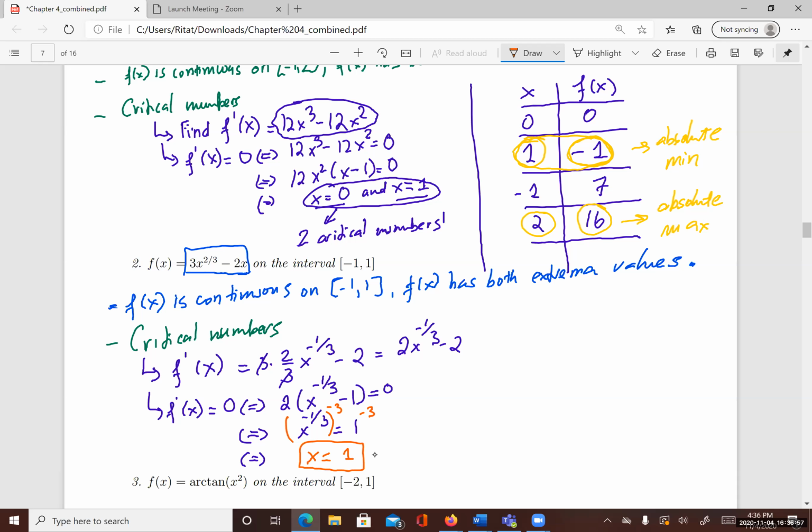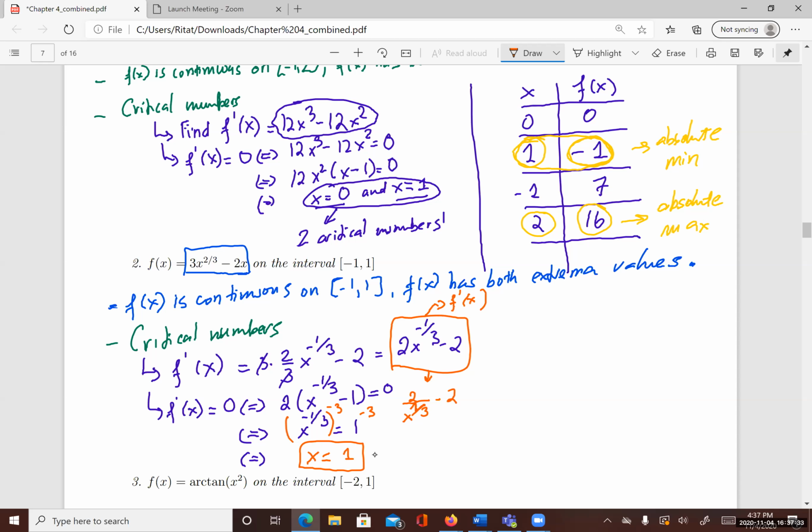So x equals 1, by the definition of critical numbers, is a critical number. But is it the only one? The answer is no, because you can rewrite this f prime of x as 2 over x to the 1/3, minus 2. When you bring x to the -1/3 down to the denominator, it changes to positive.